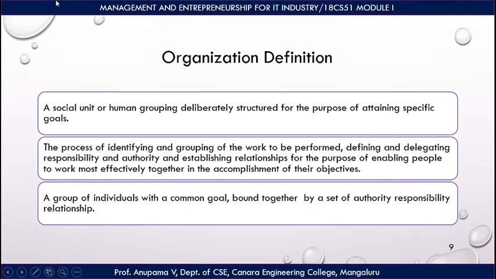Or organization is the process of identifying and grouping the work to be performed, defining and delegating the responsibility and authority, and establishing relationships for the purpose of enabling people to work most effectively together in the accomplishment of their objective.